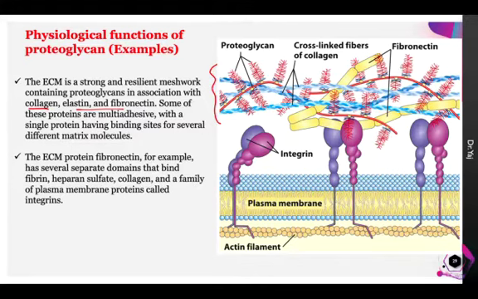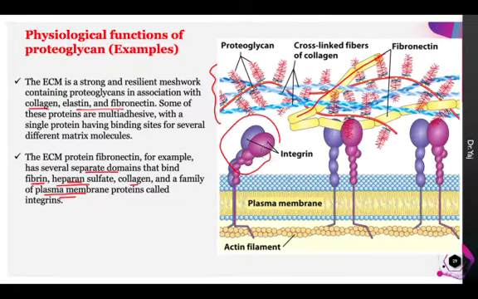One of these proteins present inside the extracellular matrix is fibronectin, which has separate domains that can bind heparan sulfate, which is a proteoglycan that you already know by now, and other proteins such as fibrin, collagen, and a family of plasma proteins, which we also talked about briefly, known as integrins.